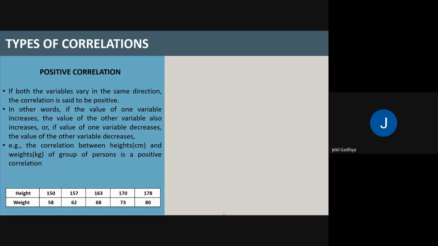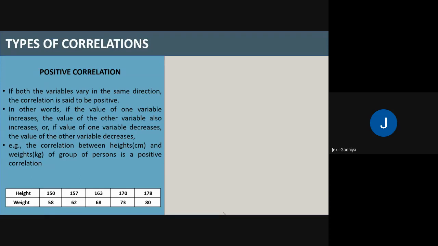So whenever height increases, the weight increases with it. Both increase together. That's why we can say that this is a positive correlation. In short, if one data increases, then the correlated data also increases, or if one data decreases, then the correlated data will also decrease. Then we can say that this is a positive correlation.